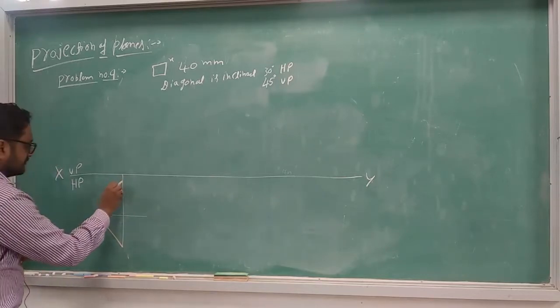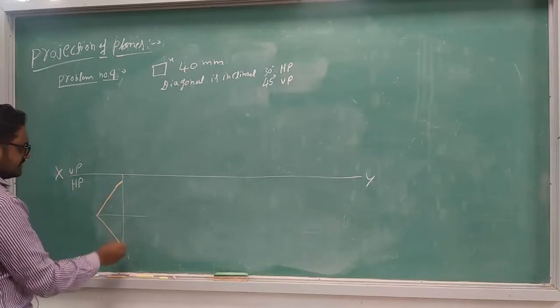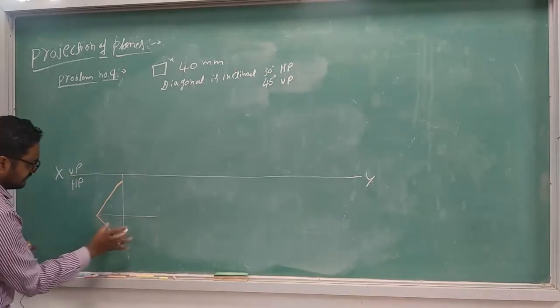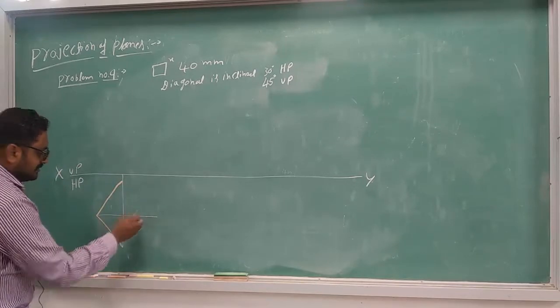After that, from these 2 points, use the same 45 degrees, or you can just draw an arc by taking the same 40, and you will get the fourth point.